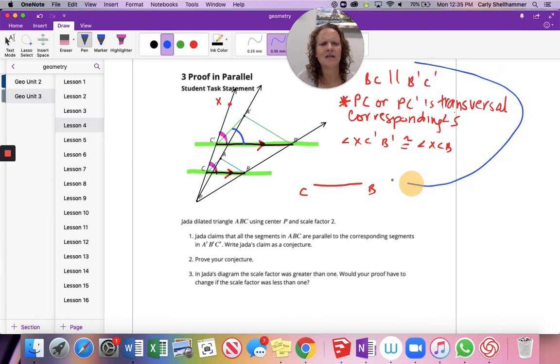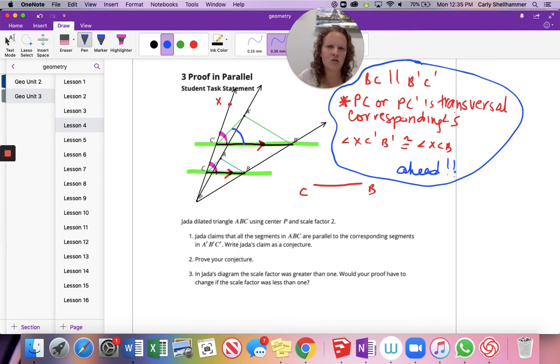I got a little bit ahead of myself. If I back up and talk just about the triangles, I can say that angle A prime, C prime, B prime is congruent to angle ACB because we just talked about that in the previous task.